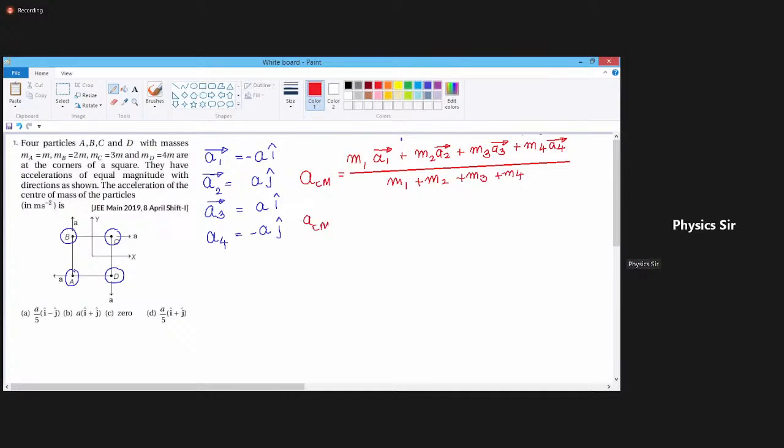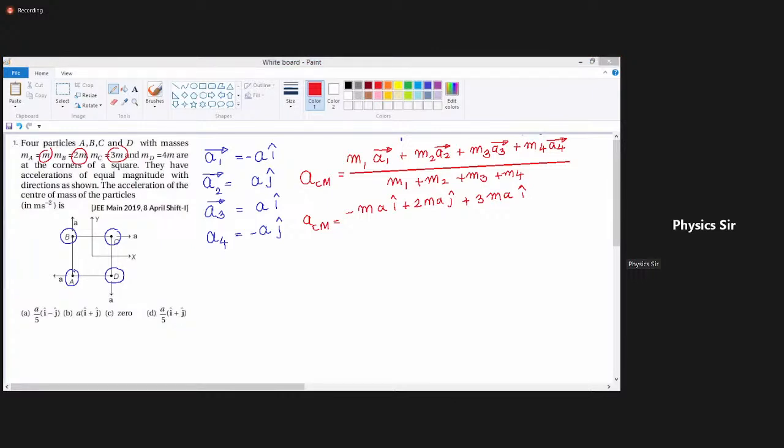What is m1? m1 is m and vector a1 is minus A I cap, so this will be minus mA I cap. m2 is 2m and this is A j cap, so plus 2mA j cap. m3 is 3m and a3 is A I cap, so this will be plus 3mA I cap.